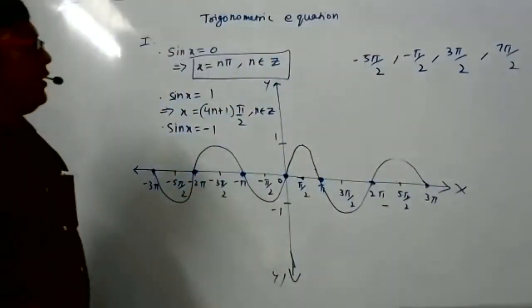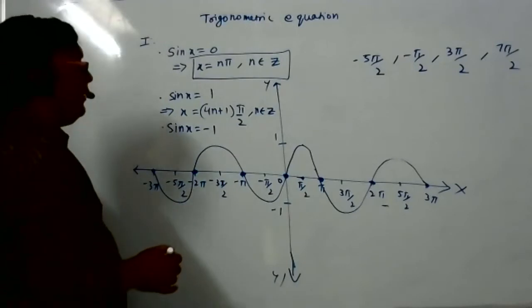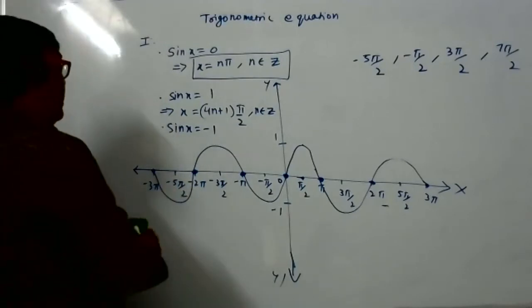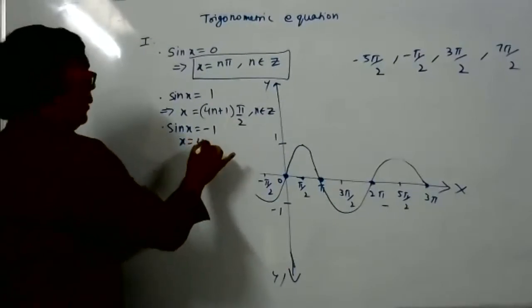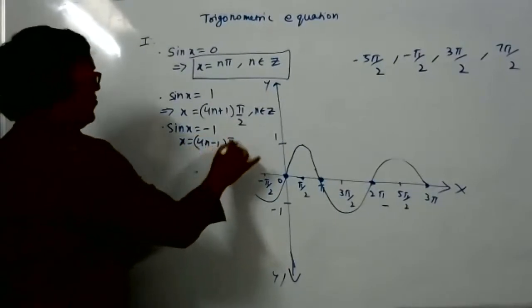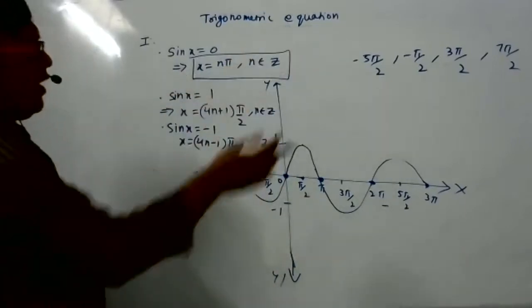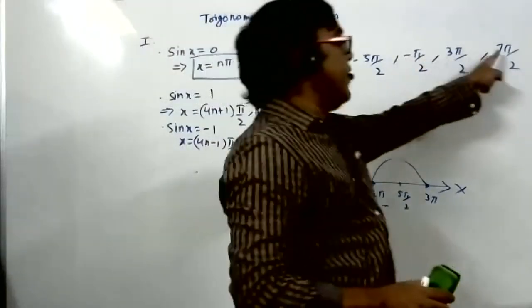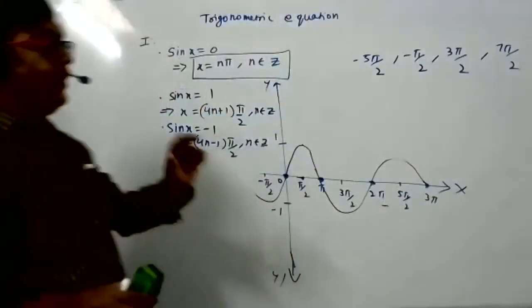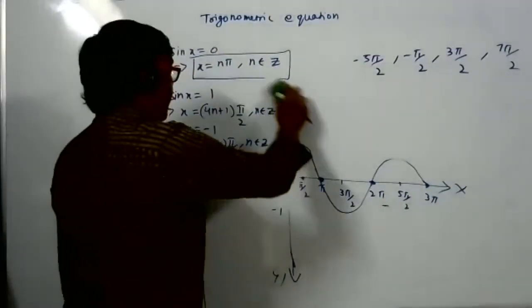So how to write in general, 3 pi by 2, 7 pi by 2? Anybody? The answer is x equal to 4n minus 1 pi by 2, the general answer. By this expression, we can get all the answers: minus 5 pi by 2, minus pi by 2, 3 pi by 2, because 3, 7, next will be 11. It is 1 less than a multiple of 4. So 4n minus 1 pi by 2 is the answer.